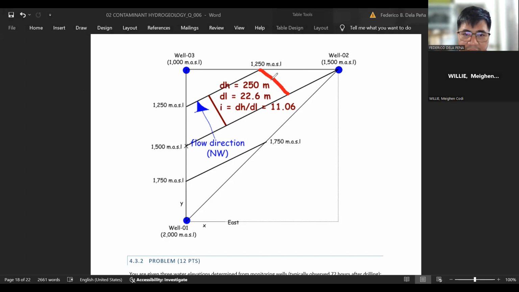In this case, this is like 22 meters. Then you just have to get the hydraulic head difference, which is the difference between the two contour lines. In this case, it is 250 meters. From there, you can calculate the hydraulic gradient, which is 250 divided by 22 meters. You will get 11.06.